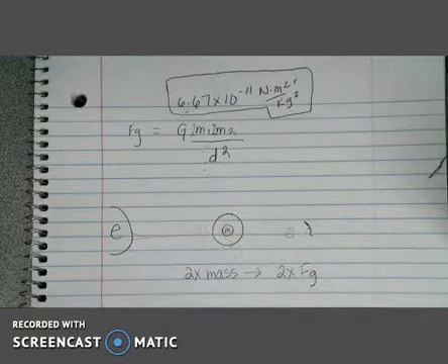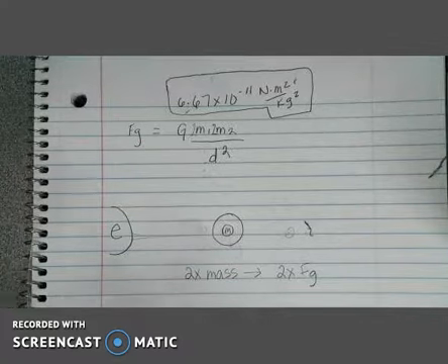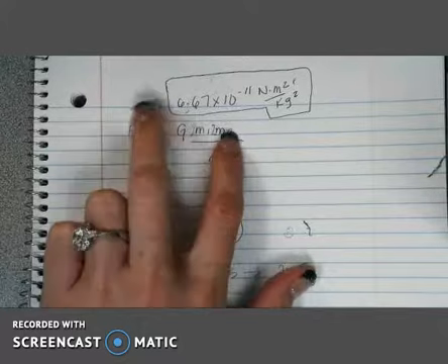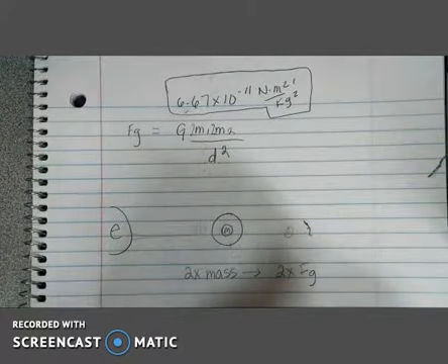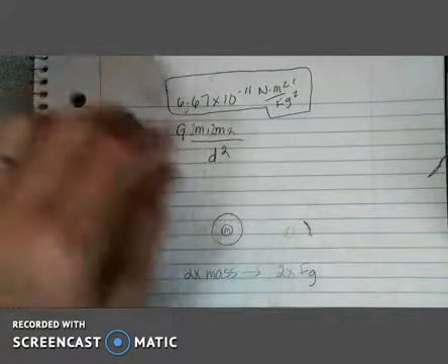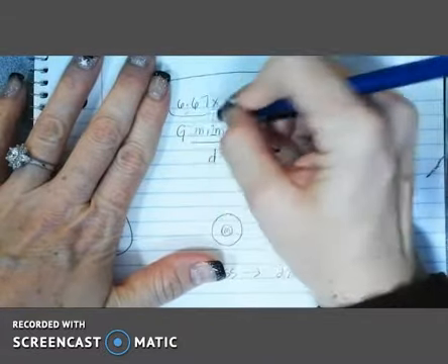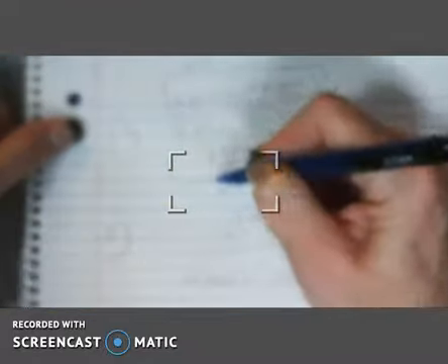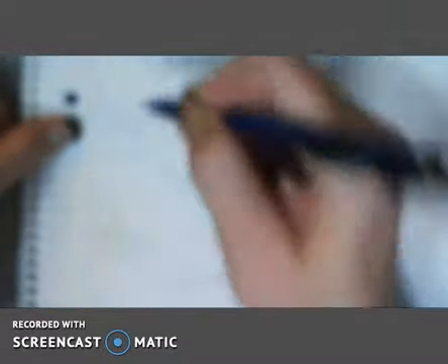So we need to look at two objects and the force between them. That's why we have an M1 and an M2. So the force of gravity is G, M1, M2 divided by the square of the distance.